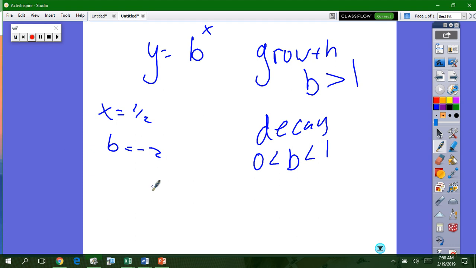So then that'd be -2 to the half. Can anybody tell me once again what that half represents? The square root. And can we have square roots of negative numbers? No, that makes them imaginary.